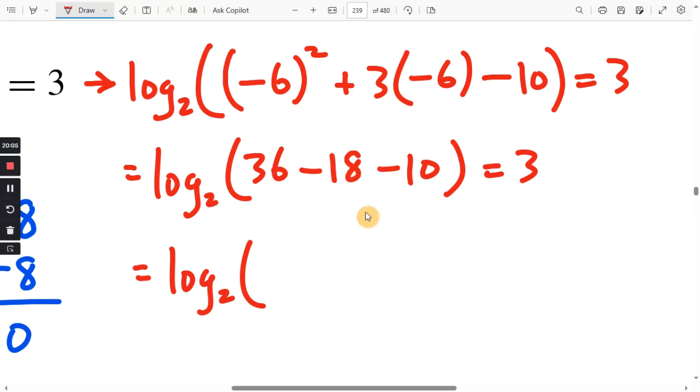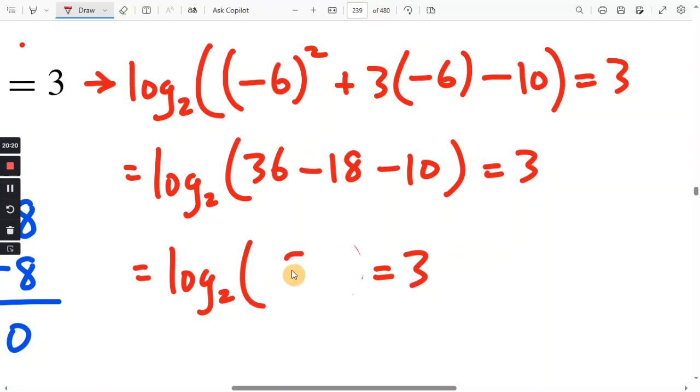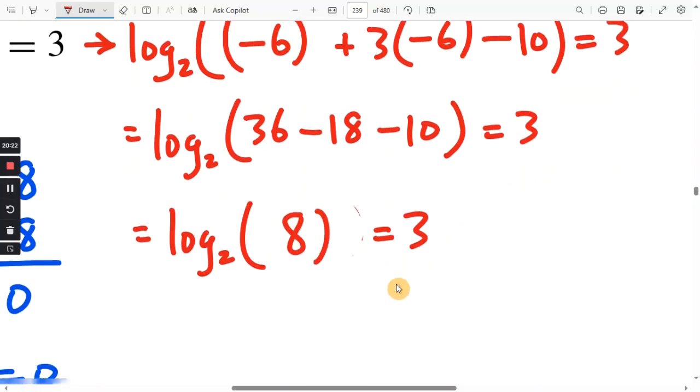Minus 10 is negative 28. Nope, that's a mistake. 36 minus 18 is positive 18. Minus 10 is 8. And that equals 3. Is that true?